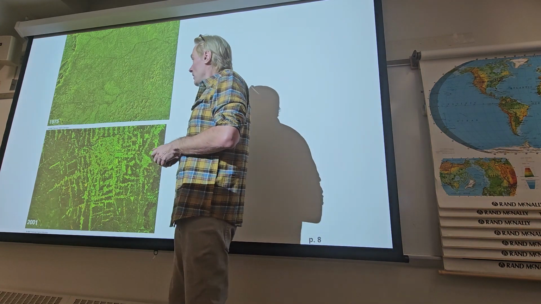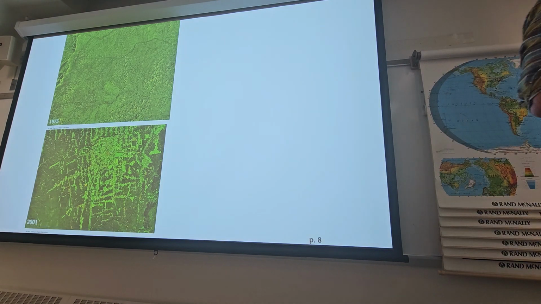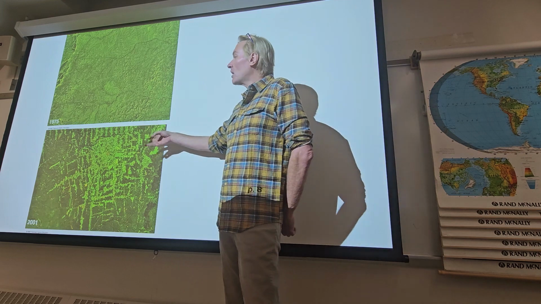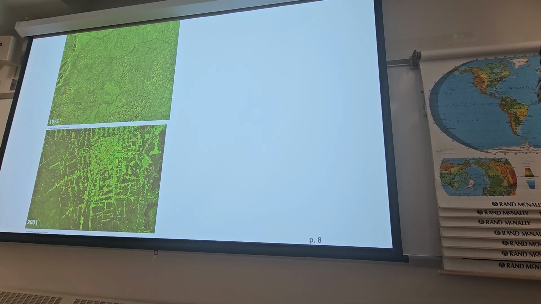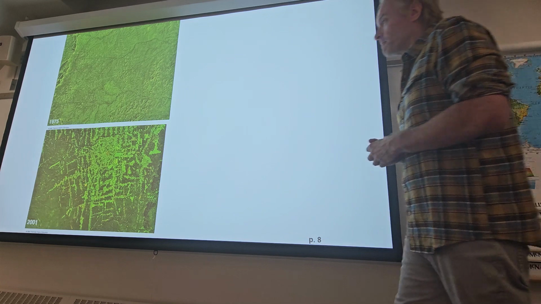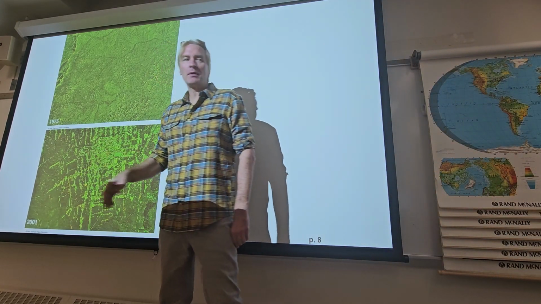And so the question you would obviously ask is, well, why is this useful? When they were looking at doing some preserves in the Amazon, they were looking at some of these maps, and the lighter green is still vegetation, but it's newer vegetation, right? And the darker green is older growth forest. When they looked at this area, they had mapped some of these areas as areas to be preserved.